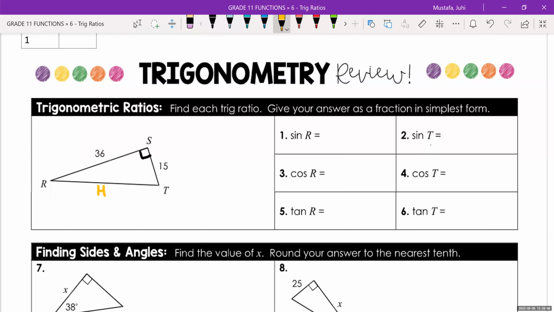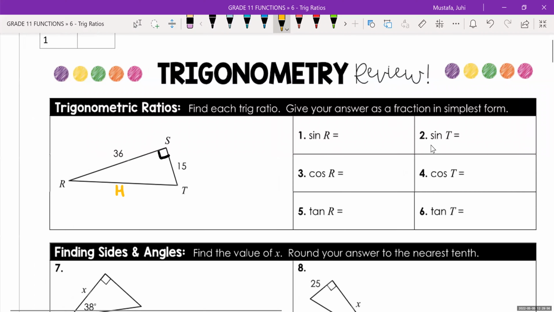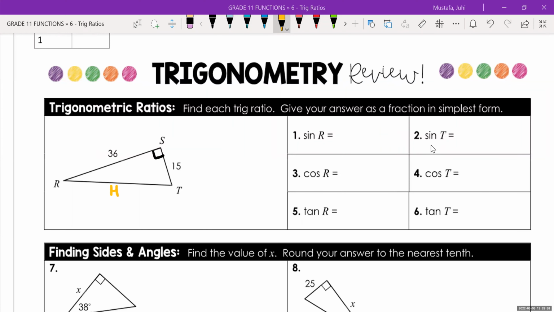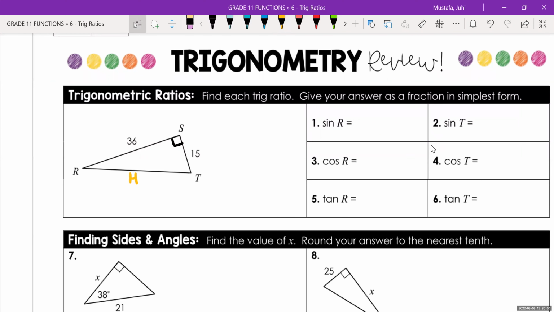And then in order for us to name the other two side lengths, we need an angle other than the 90-degree angle. So let's pretend like I'm talking about angle R. And by the way, we have very specific ways to label stuff. So here, this R is referred to as angle R. This S would be referred to as angle S, and this T would be referred to as angle T. And to label the side lengths, you just go right across and you label it with a little letter.